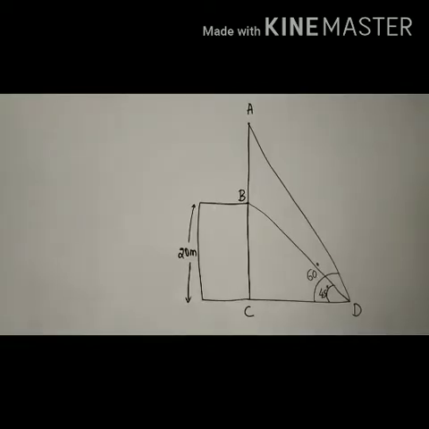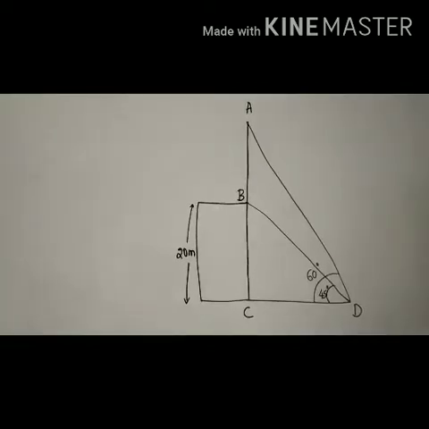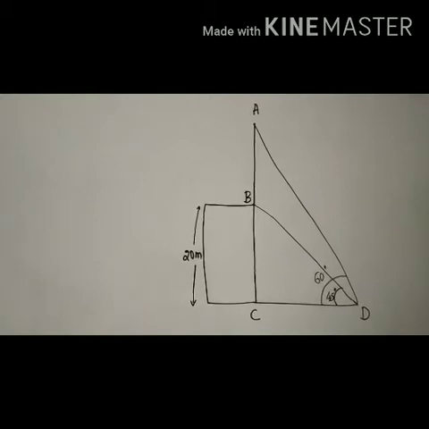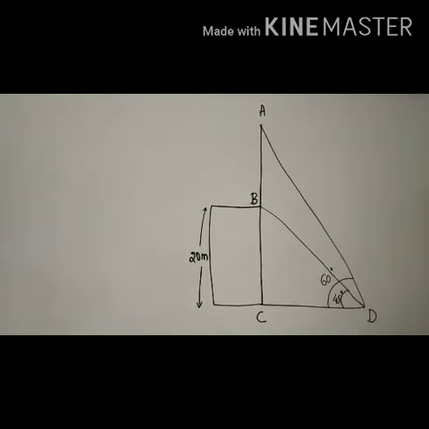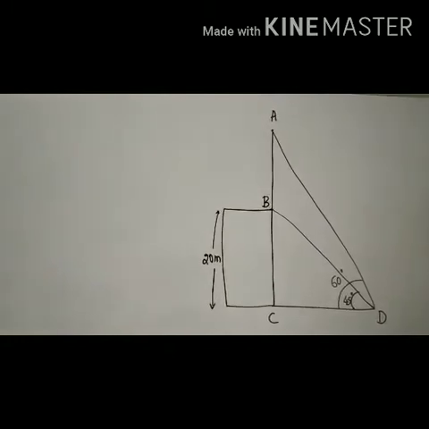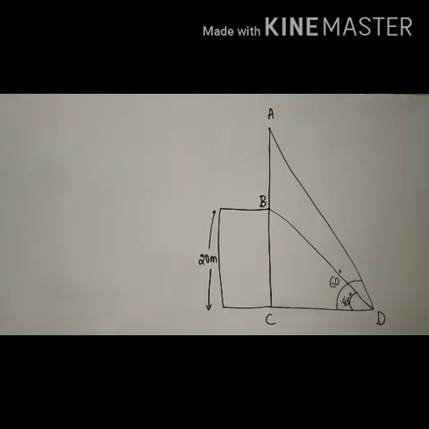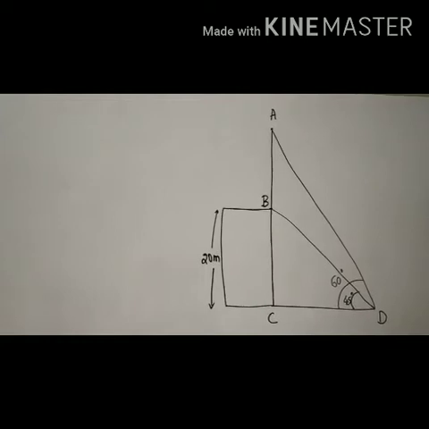As I have shown on the first page, there is a question where we have to find the height of a tower which is placed on a building of 20-meter height, using the angle of elevation given for both the top and bottom of the tower.